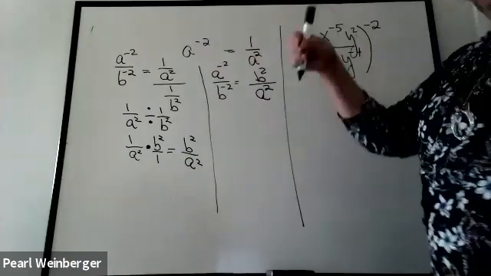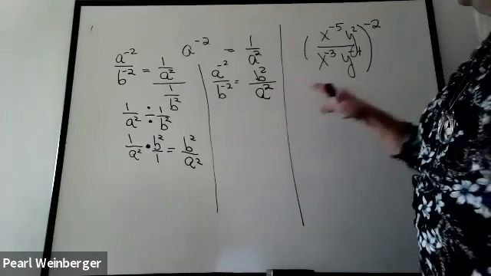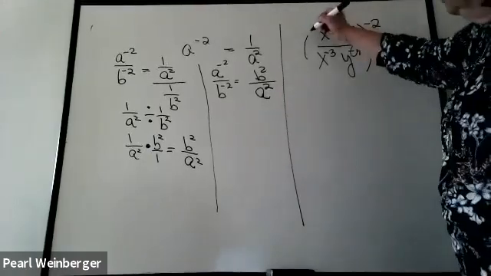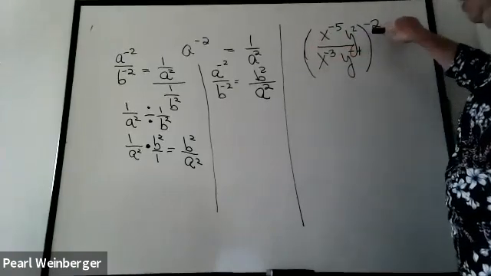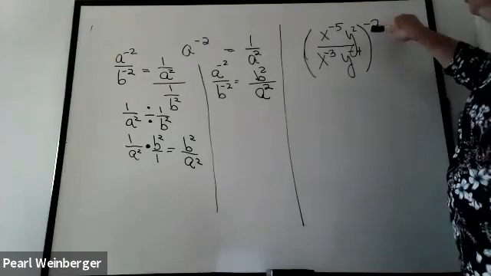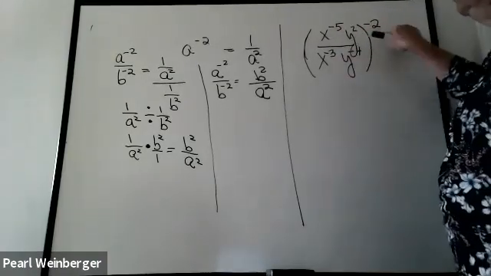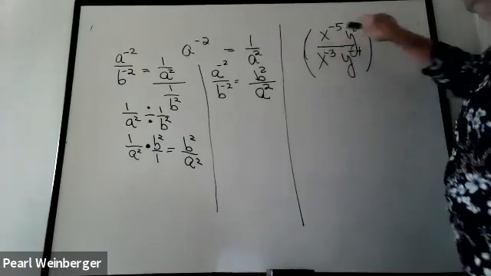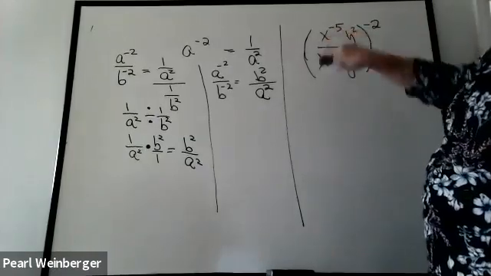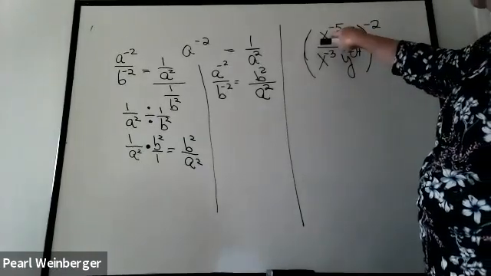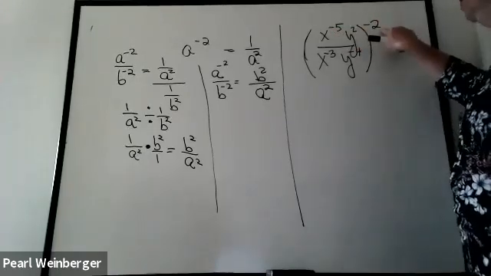The first thing, if you recall, I told you to do is try and remove any parentheses you see. Now, there is a parentheses here with a negative 2 exponent. That means I have to distribute this negative 2 exponent to each one of these variables, to the x to the negative 5, to the y squared, etc. When we have something with an exponent raised to another exponent, what we do to the 2 exponents is we multiply.